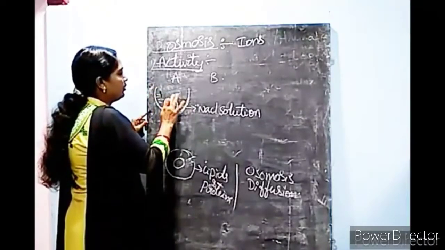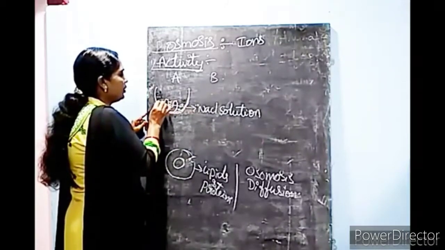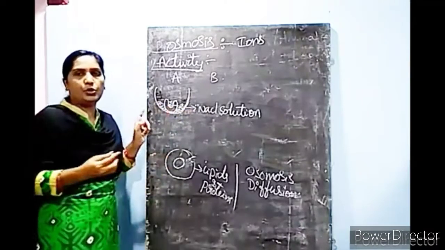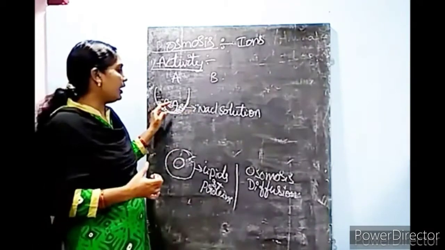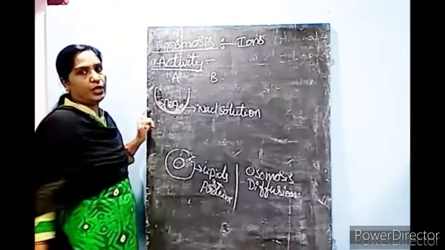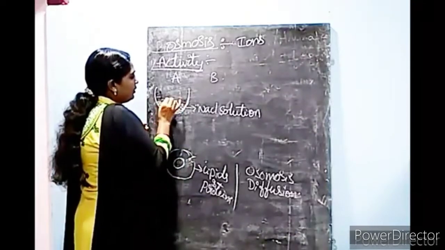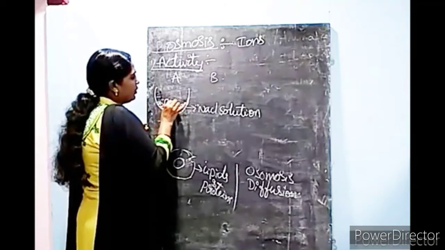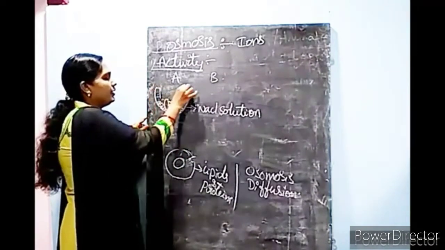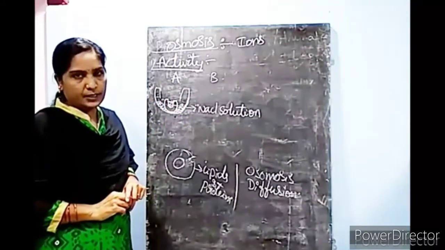We kept this potato inside the water. The water level should be up to the medium level of the potato. The potato should not be immersed or drowned in the water. And inside here, up to where you have taken the salt solution, mark it with a sketch pen. And leave this apparatus without disturbing for 2 to 3 hours.